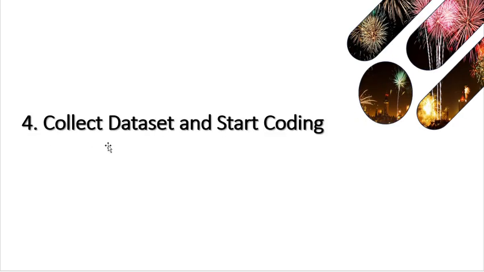Here, collect data set and start coding. In this overall paper, the main foundation for your project to move on to the next step is collecting the data set. What type of data set are you using? Does it belong to images, numbers, or text?